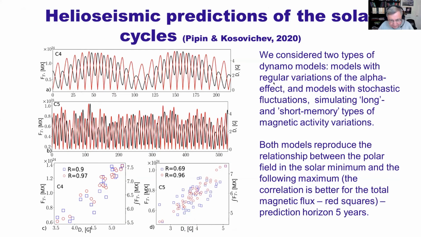And then I have maybe a few more minutes on how we can use this in helioseismology for prediction of solar cycles. Here we develop two models. We still don't know why solar cycles change, why they're different from each other. We look at two models.